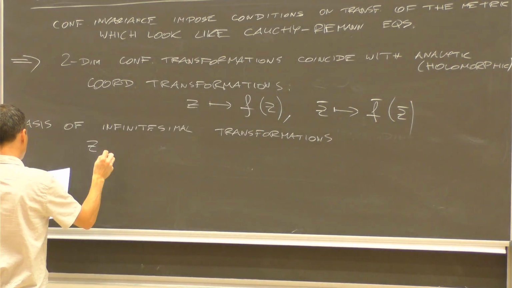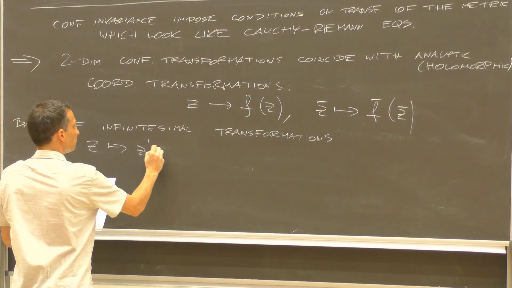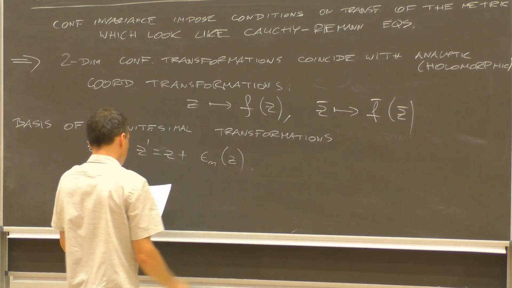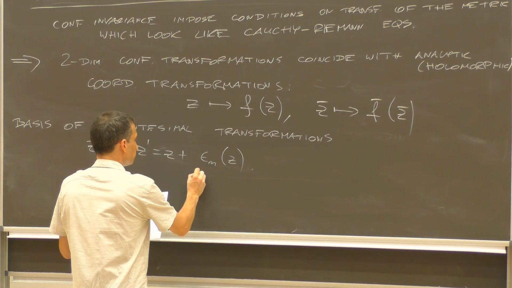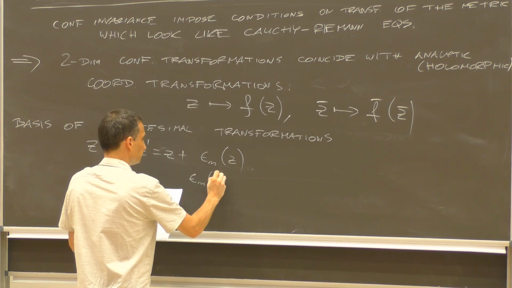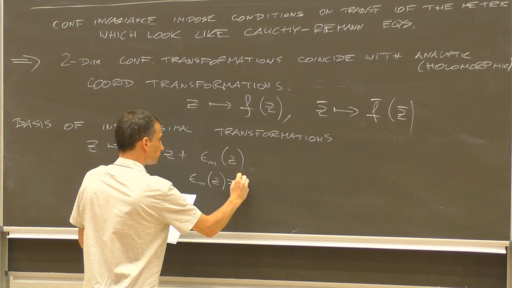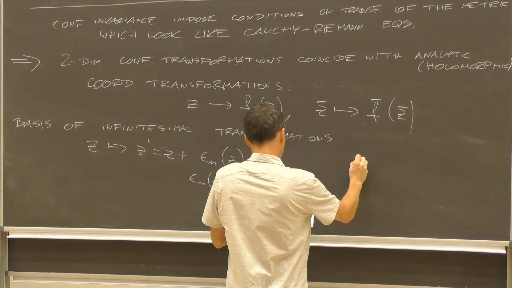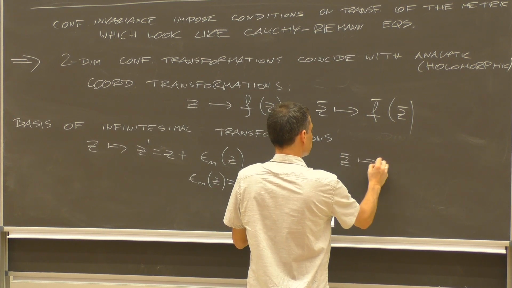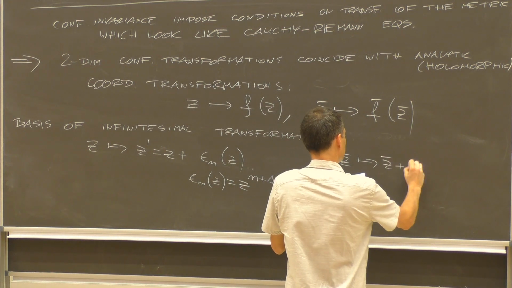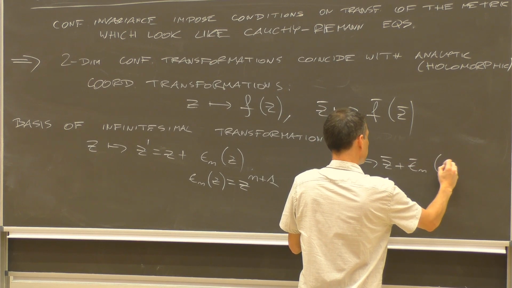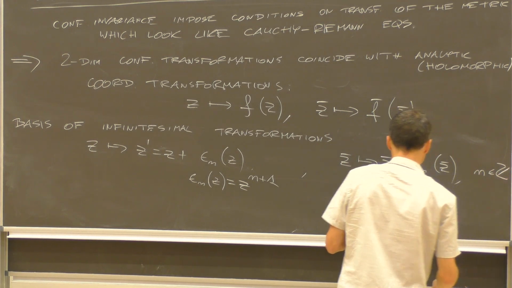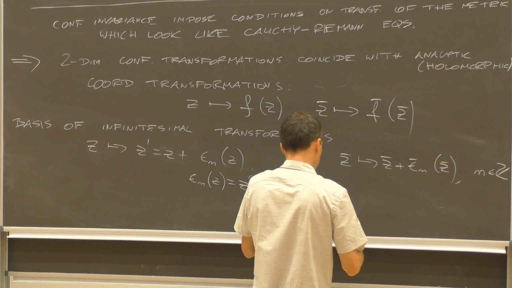So simply sending z to z prime, which is z plus some monomial in z. Let me write it in this way. And similarly for z bar. Well, for all possible n's, so we also allow negative powers of z.